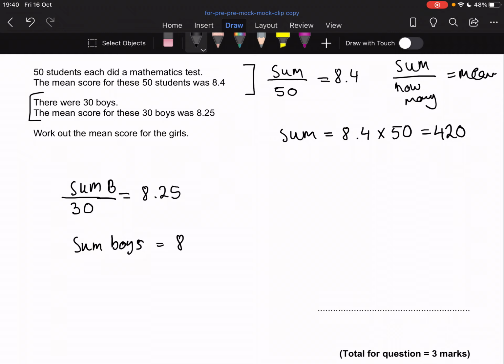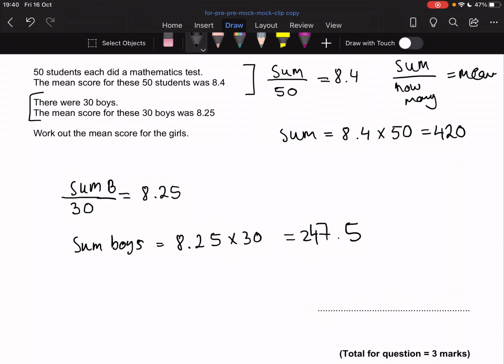So the sum of all the scores for boys is 8.25 times 30. Again, in my calculator. I'm getting 27.5. 247.5 even. I was just checking that you're still paying attention.